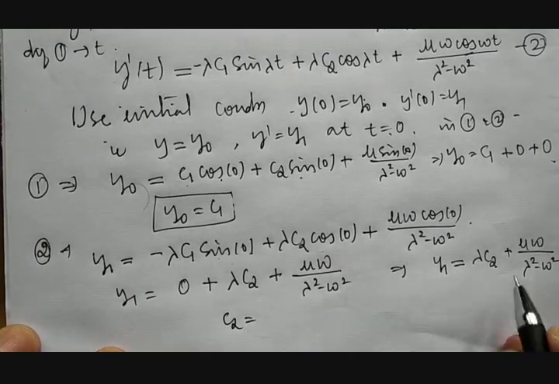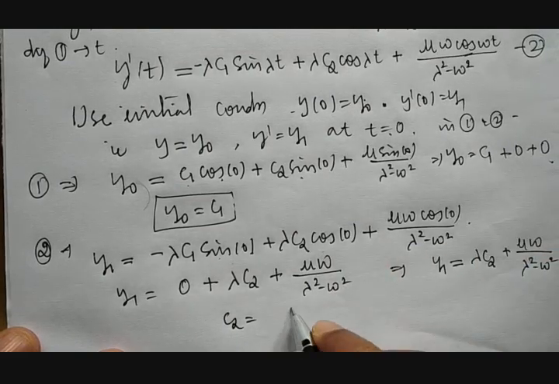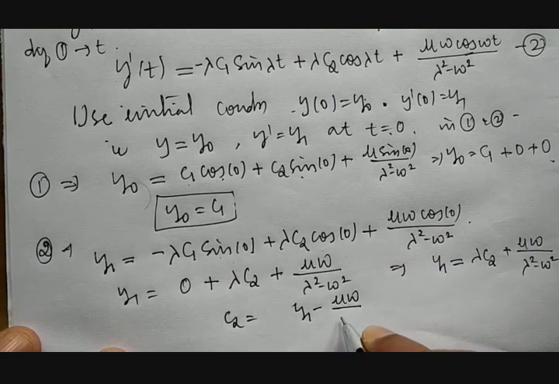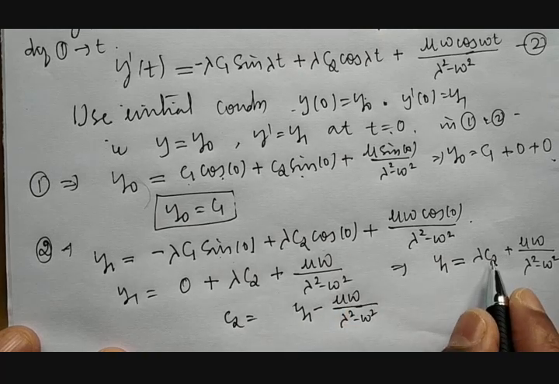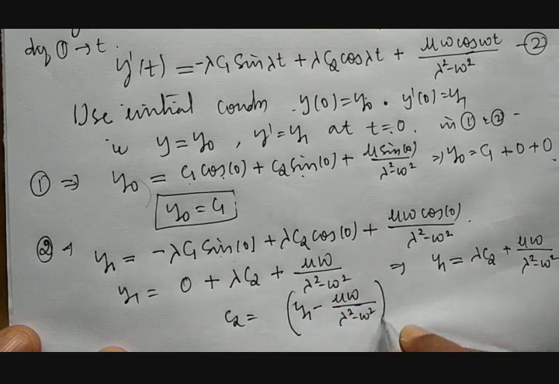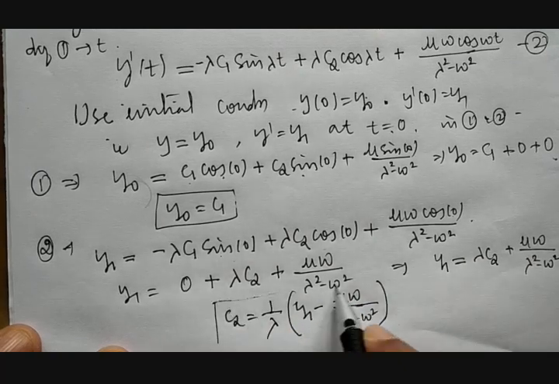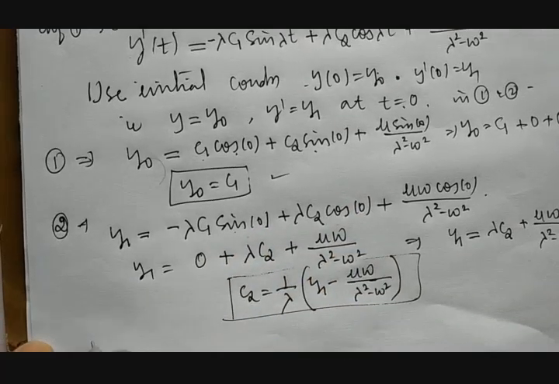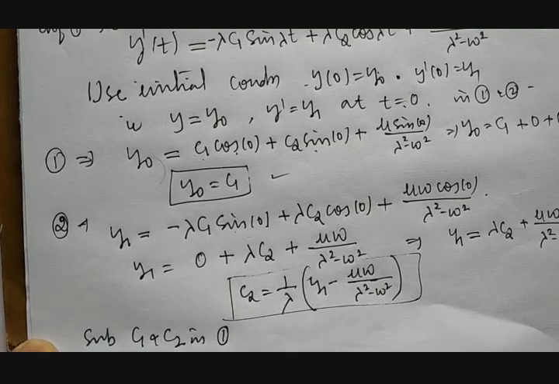Take this term, keep this term here only, then send it to the other side, then it becomes y1 minus mu omega divided by lambda square minus omega square. Then if you send this lambda to the other end, it becomes this whole divided by lambda, means 1 by lambda. So this is the value of C2 and already we know what is C1. So substitute the value of C1 and C2 in equation number 1.